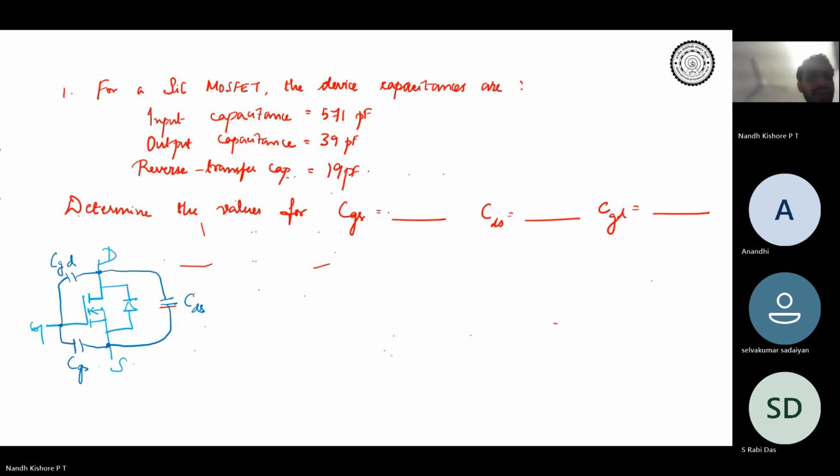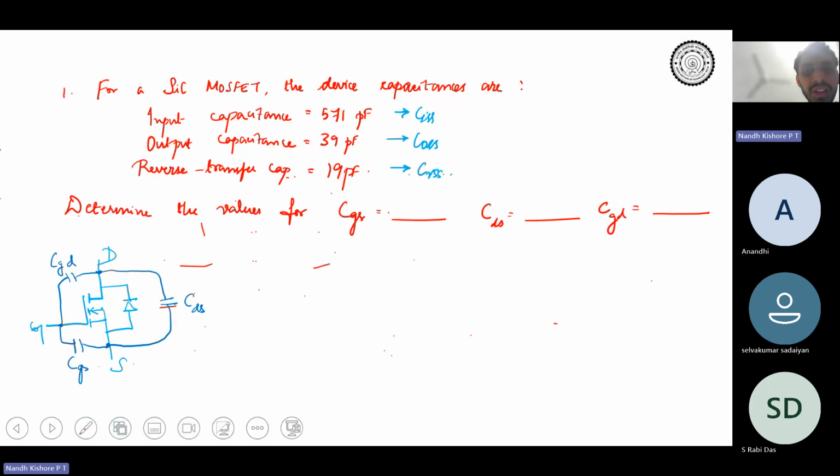They have given you the input capacitance, which is CISS, the output capacitance, COSS, and the reverse transfer capacitance, CRSS. In one of our previous lectures, probably lecture 1 or 2, we saw how to find these. Input capacitance is seen from the gate-source terminal, the input terminal, with the output shorted.